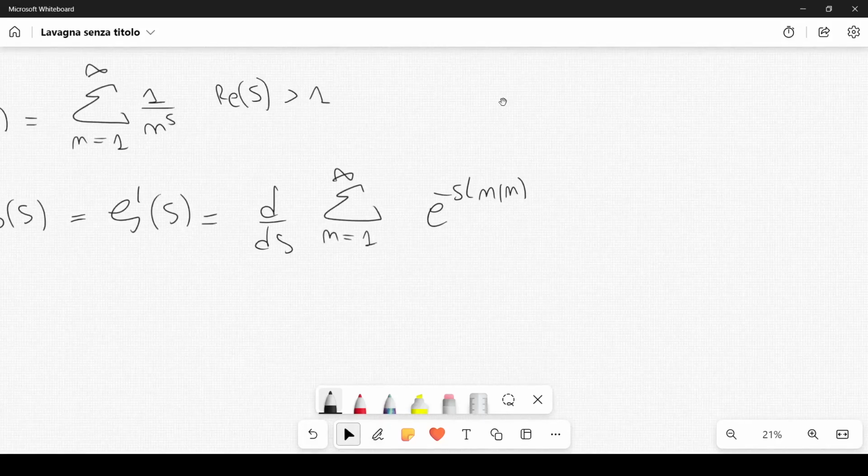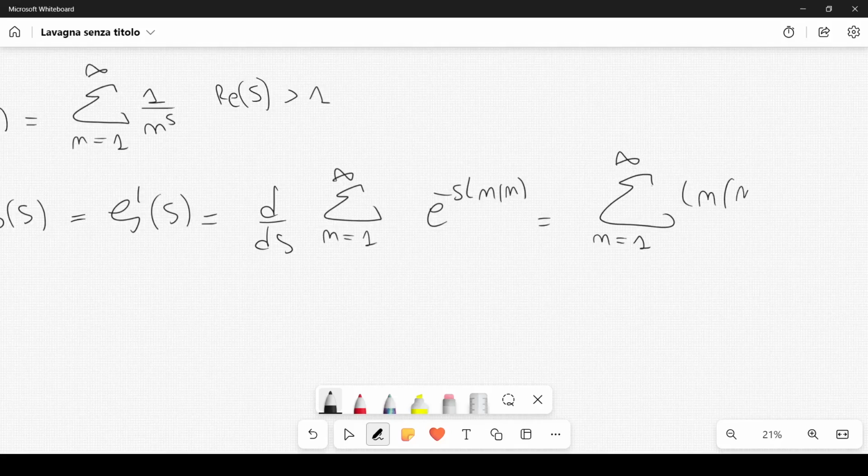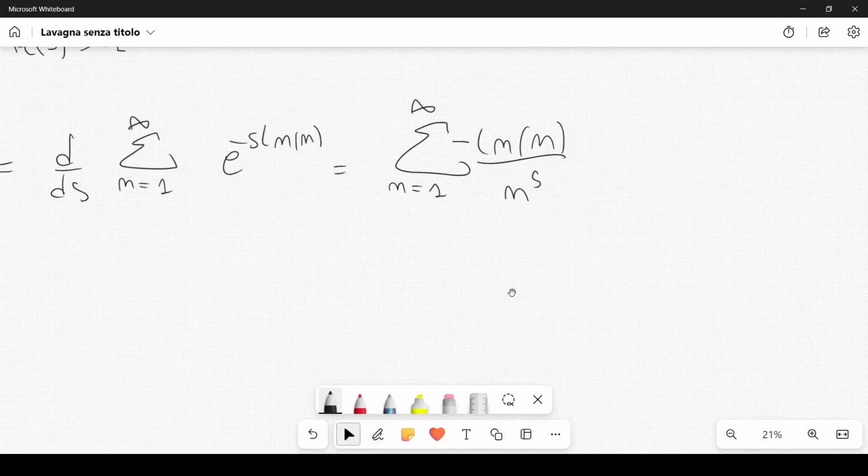Now, we assume that we can change the order between this summation and this derivative, so we can rewrite it as summation over n from 1 to infinity of natural log of n divided by n to the s, and we also have to put a minus sign, minus natural log of n divided by n to the s. Well, this clearly diverges as we let s go to 0 because we have a summation of this logarithm from 1 to infinity, and that will be a divergent sum.